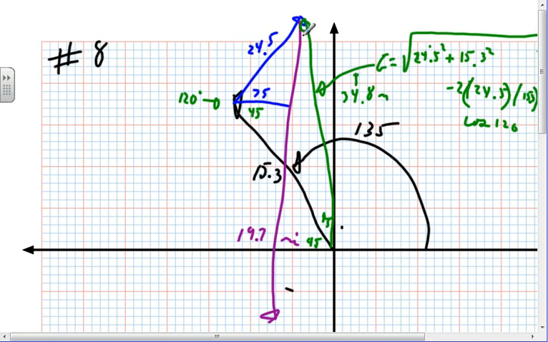All right, so I know the green side. Did that help me any? No. That was totally useless. How come I calculated that? I could calculate it, so that's what I calculated it for. Okay.